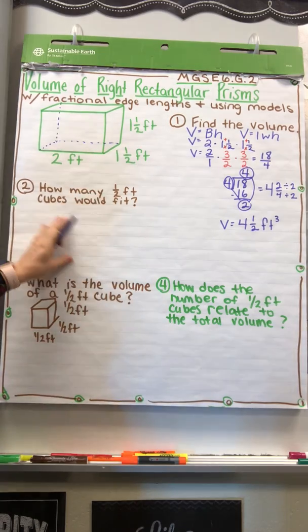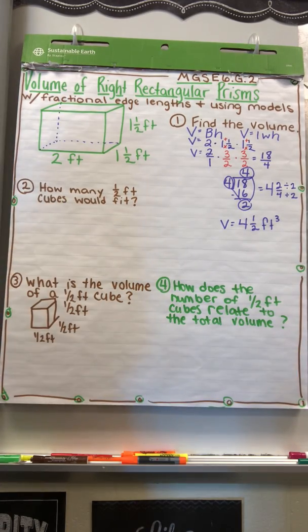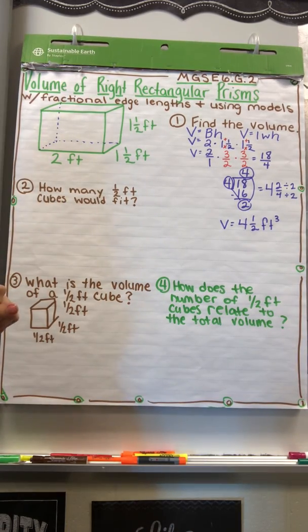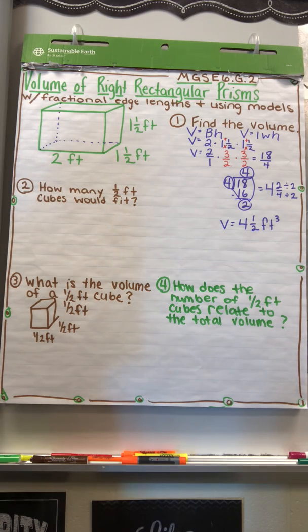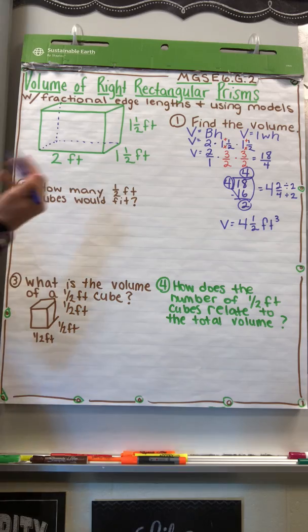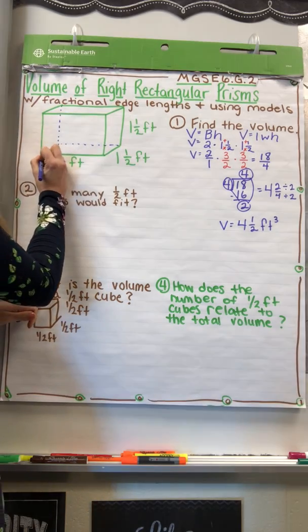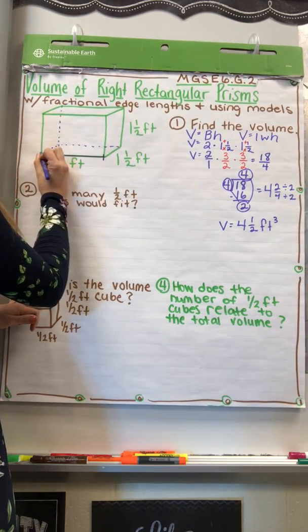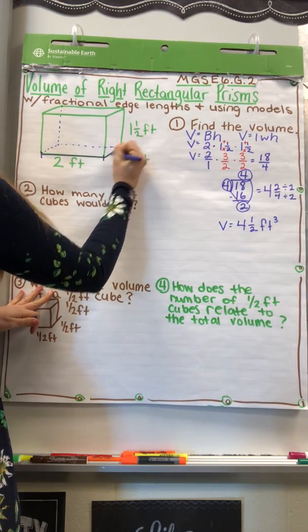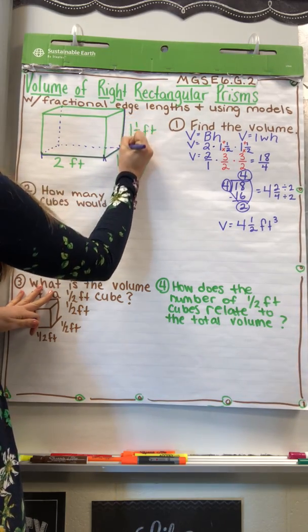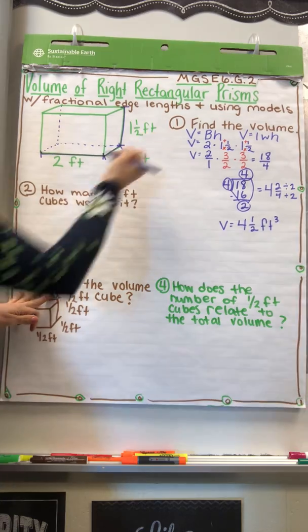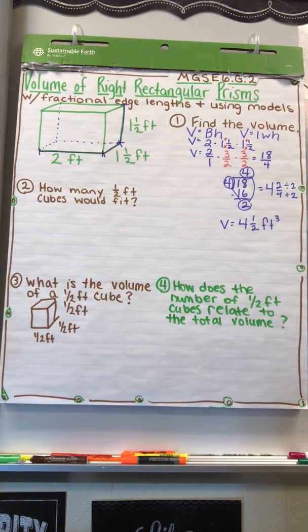So that's why in this next question we are going to figure out how many 1/2 foot cubes can fit inside this rectangular prism. So I'm going to have to figure out how many 1/2 foot cubes would fit along the front, along the side, and along the height. So this is where modeling will help us.